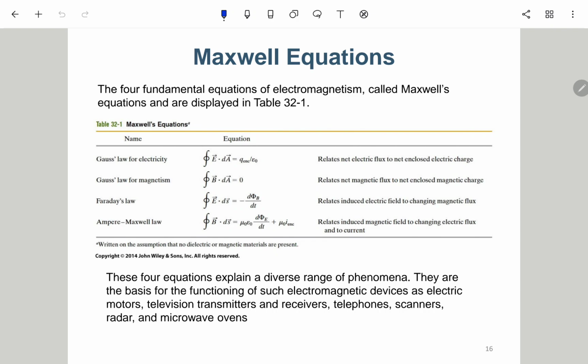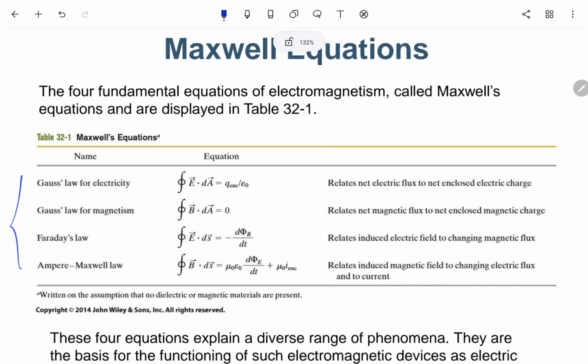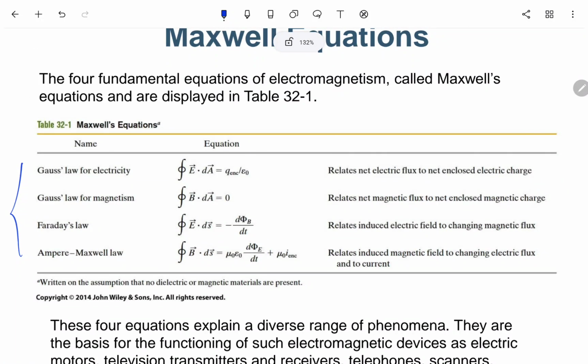The four fundamental equations of electromagnetism are called the Maxwell equations, and all these four laws are displayed in this table. For the first one, Gauss's law for electricity, we learned it in chapter 23. For Gauss's law for magnetism, we learned it in this chapter.